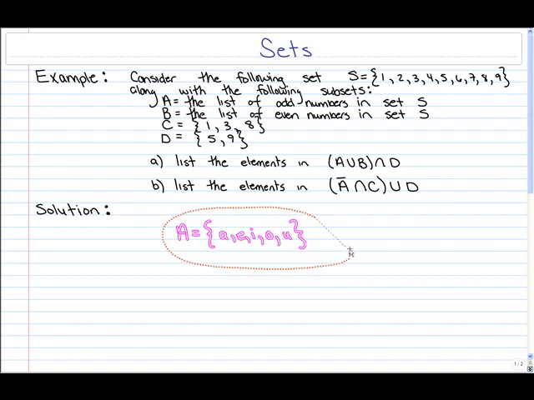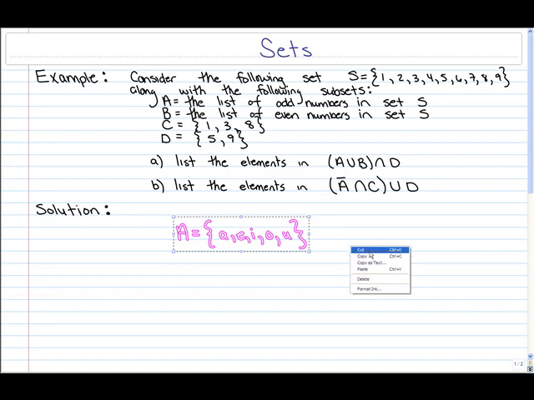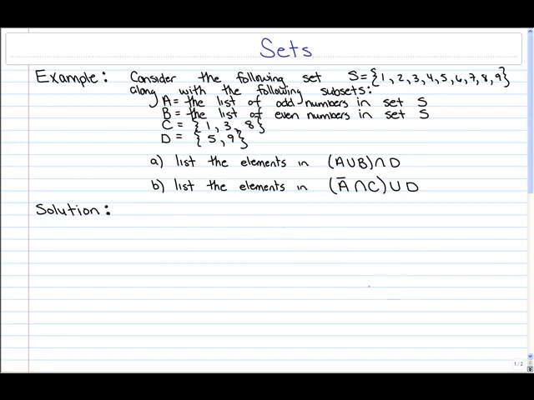So for this example here, you're going to notice that we have a set S being the numbers 1 through 9, and then we have the following subsets. So A is a subset of S, where A is the list of odd numbers in the set S, B is the list of even numbers in the set S, C is given here as 1, 3, and 8, and D is given as the subset 5, 9.